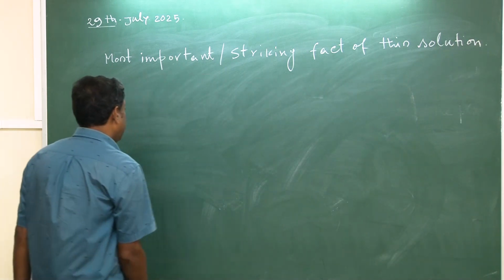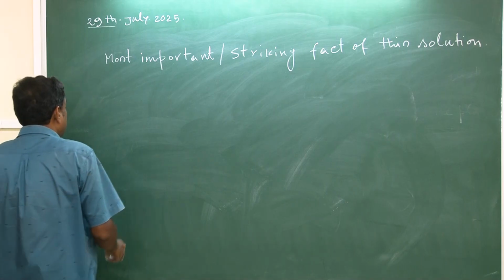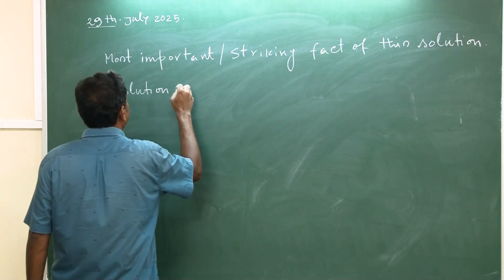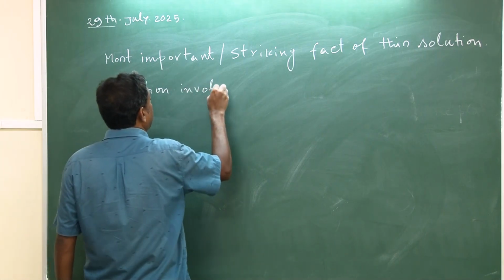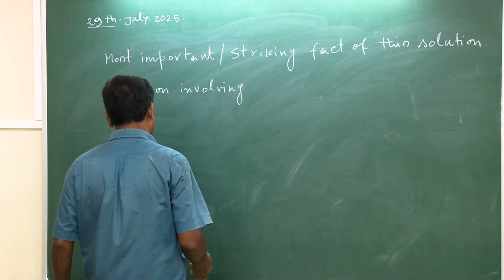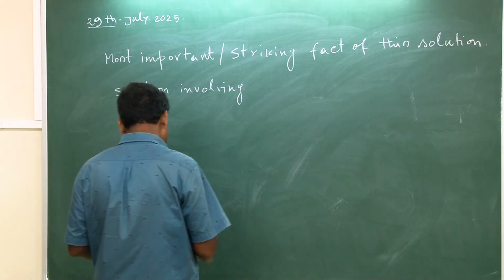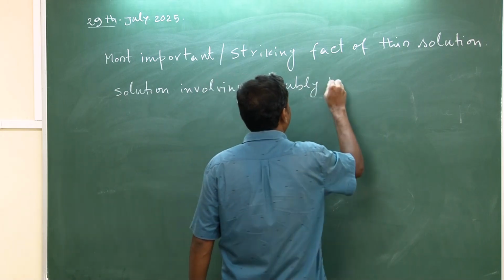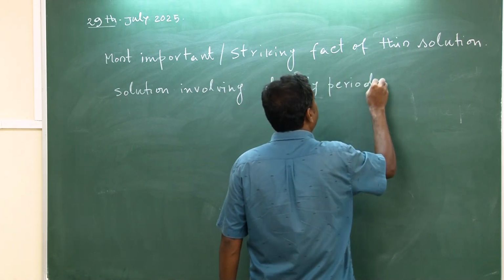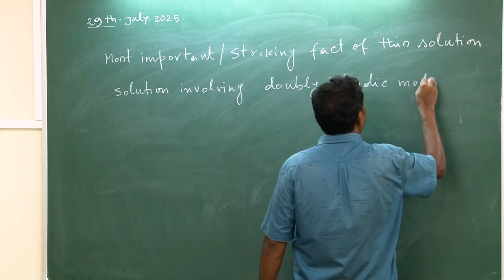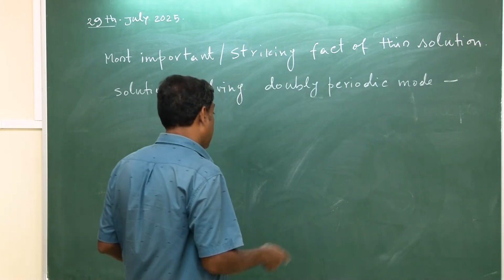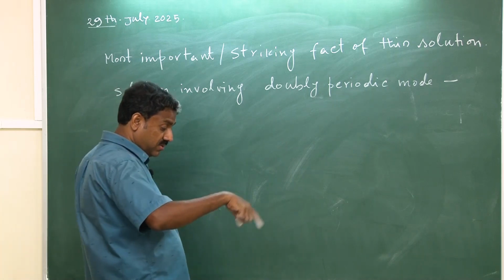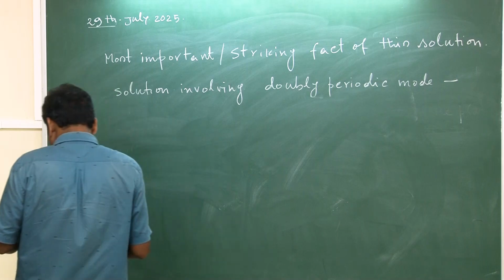You will see that there are multiple solutions involving doubly periodic mode. What is doubly periodic mode? Doubly periodic mode means along the x direction, the longitudinal direction, there are modes, and then along the circumferential direction also modes will be there. Okay.